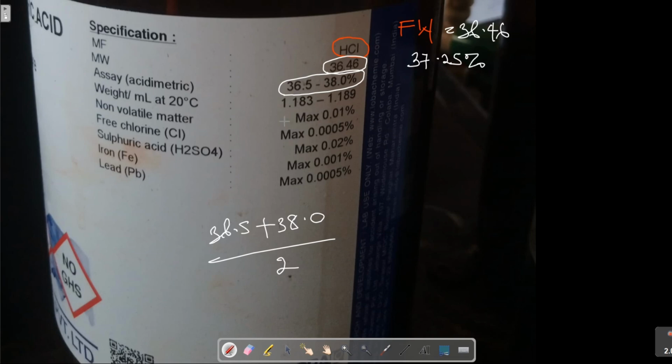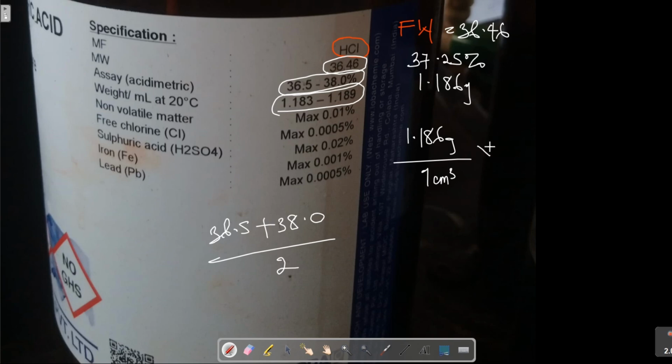37.25%. And then the specific gravity also is a range here. Take the average of the specific gravity, and we'll arrive at 1.186 grams. All right, so it means 1 cm cube of the acid weighs 1.186 grams.